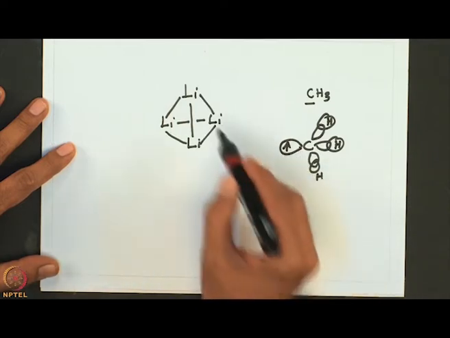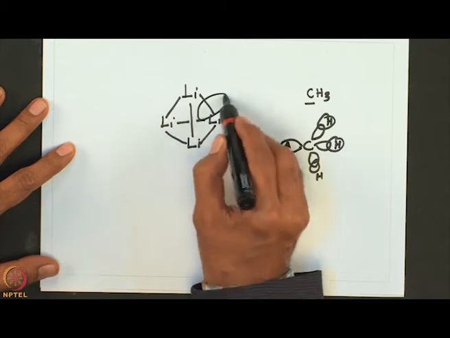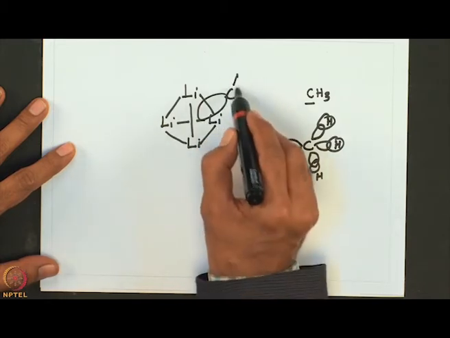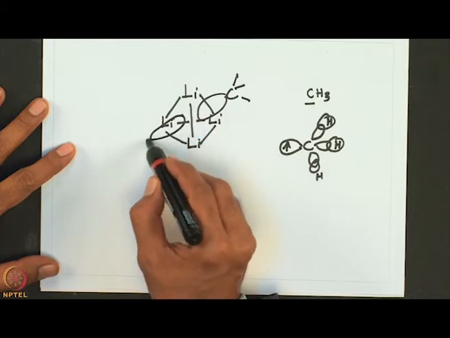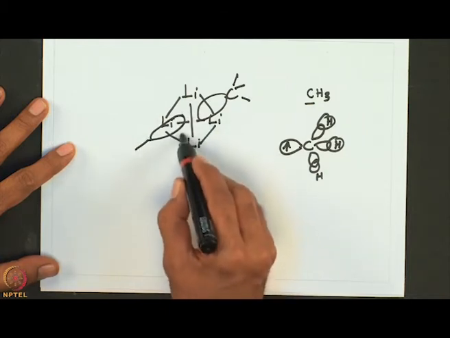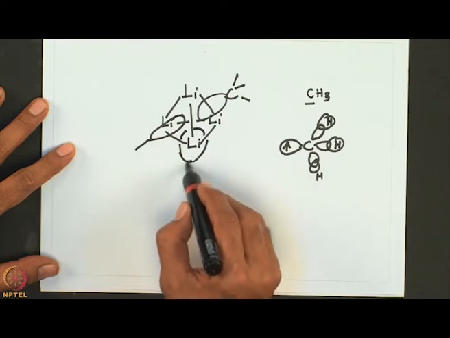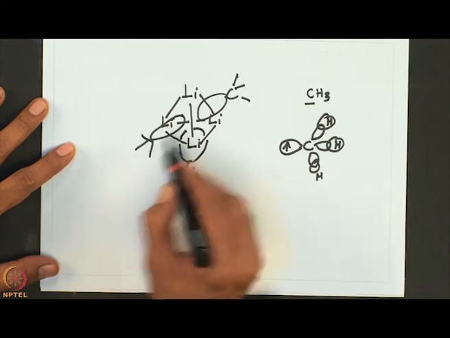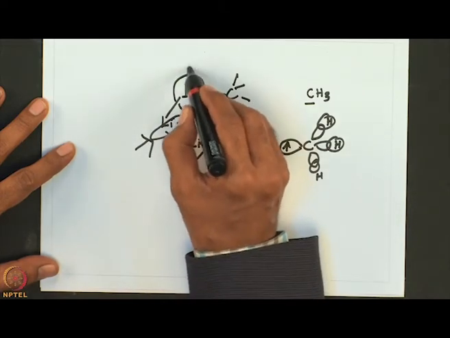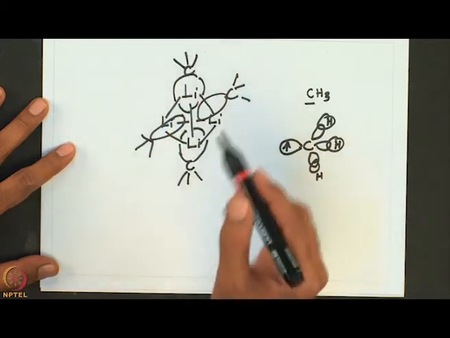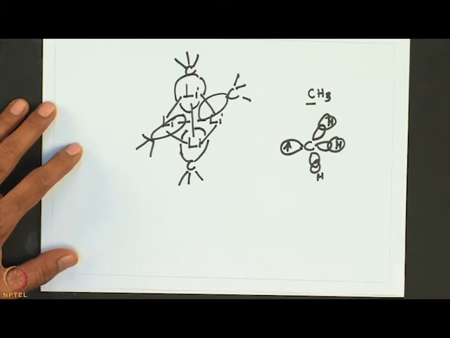So essentially this one comes here and sits on one of the faces, something like this, on each face. This eventually gives a tetrahedral structure. That is what I have shown here.